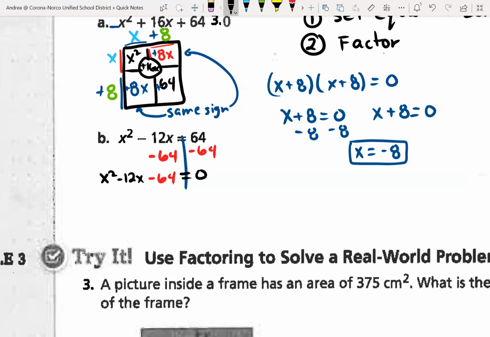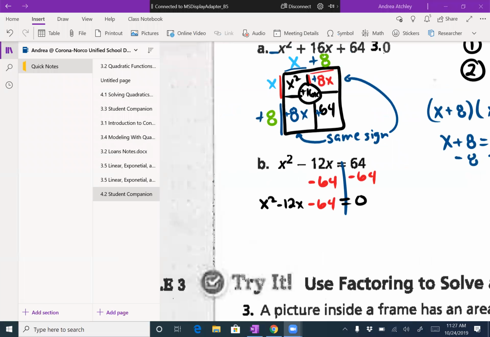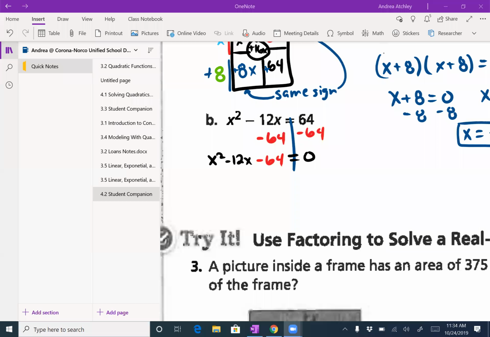Okay, now we're going to factor this. I want everyone to factor this one for me. Factor and solve from here. As x minus 16 and x plus 4. Then we separate our factors and solve.